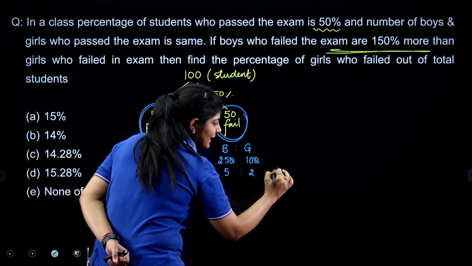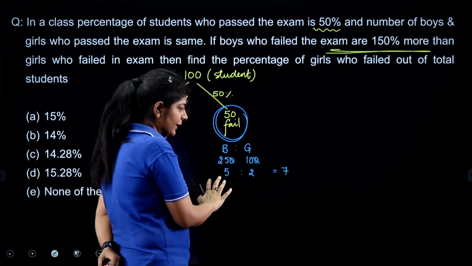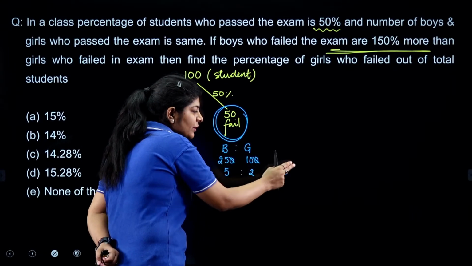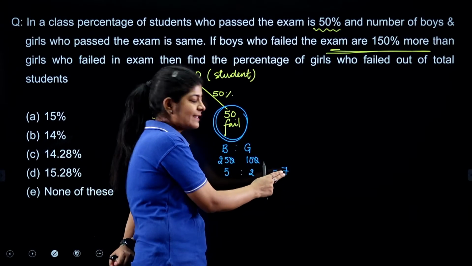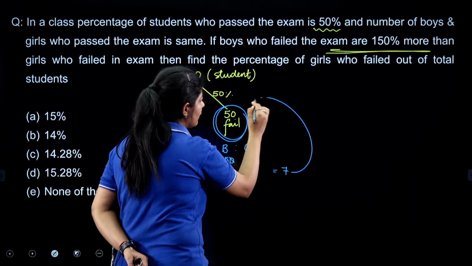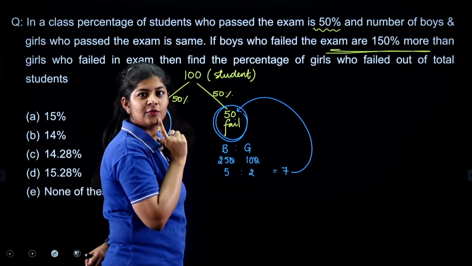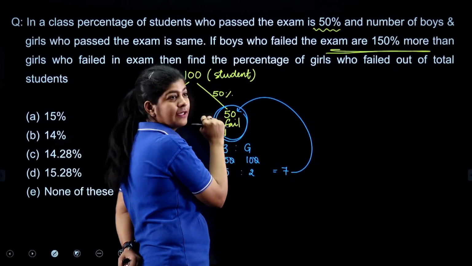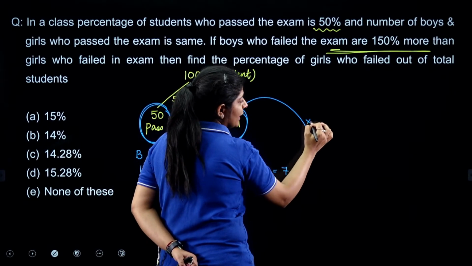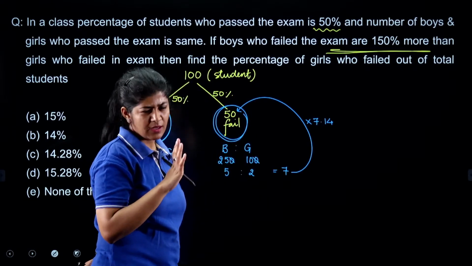That means according to this ratio, the number of students who failed in the class is 7, right? But here the actual value is 50, right? And we know that 7 into 7 is 49, which is near to this value. That means this value is a multiple of 7.14, right?